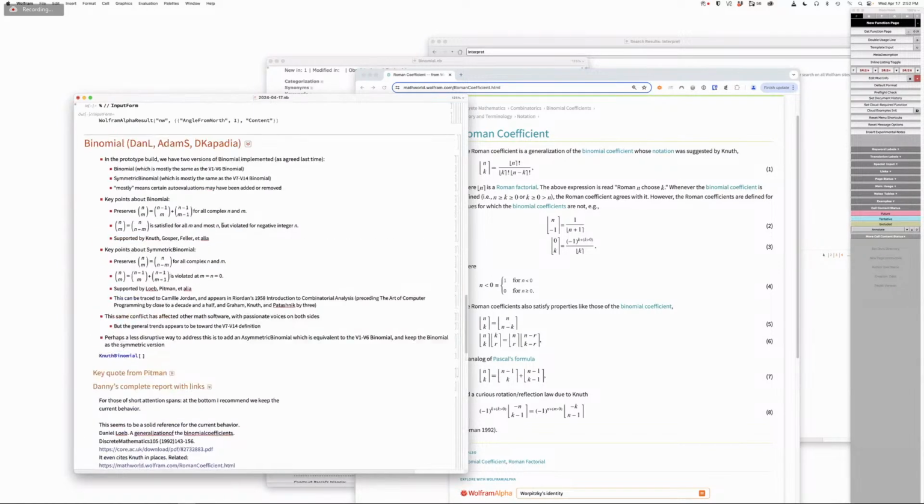Can we do the history here? I think a lot of people are basing what they're doing on what we've done. In The Art of Computer Programming, when did Don first use the binomial defined in the way that he now says it should be defined? Anybody know? I can ask him.